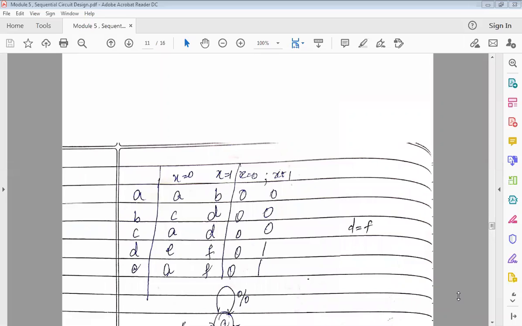Shiva S. Yes, sir. Vinod Kumar, have you understood the concept? Varshita, have you understood? Yes, sir.